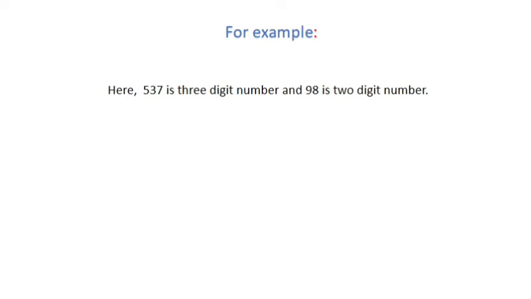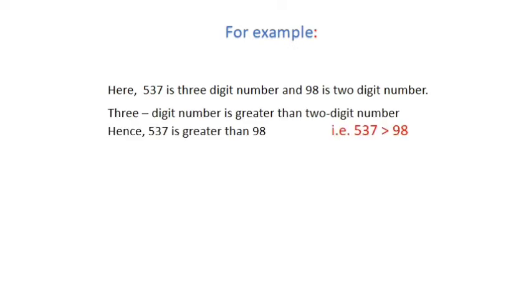A 3-digit number is greater than a 2-digit number. So we say 537 is greater than 98.